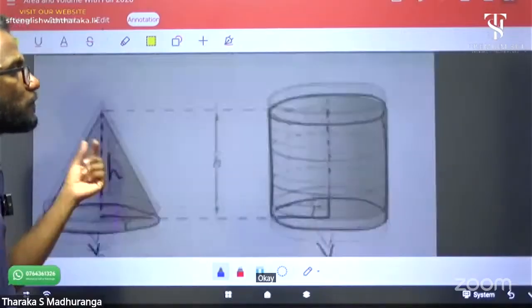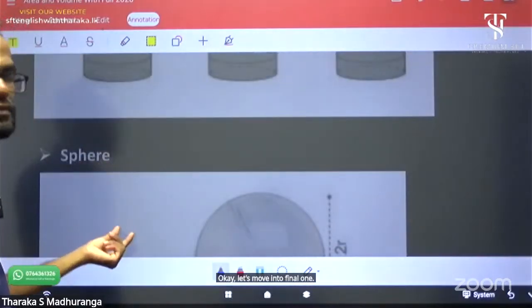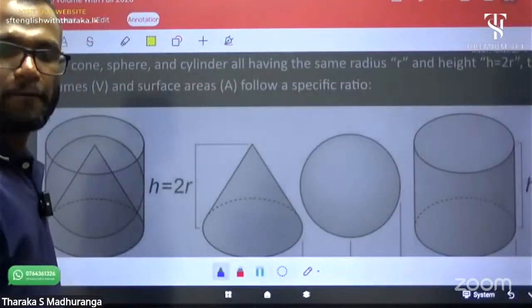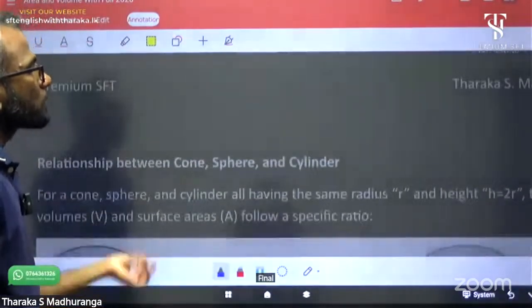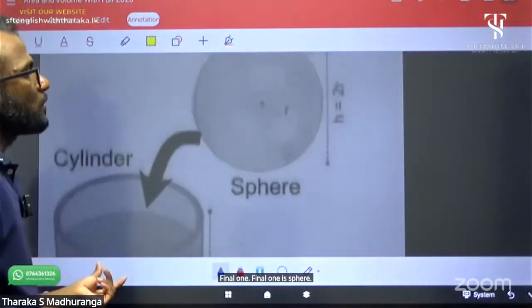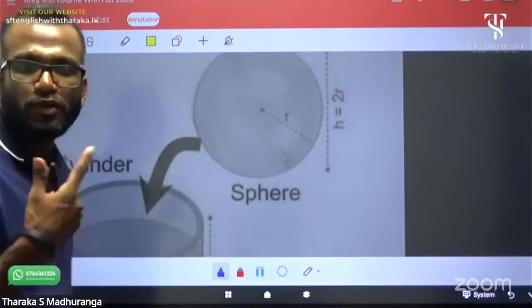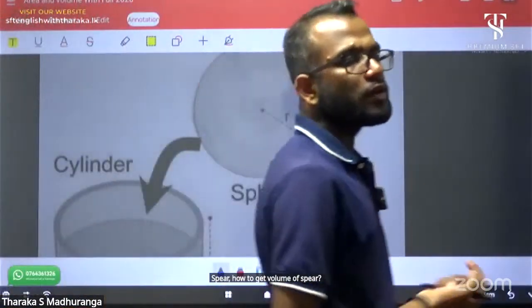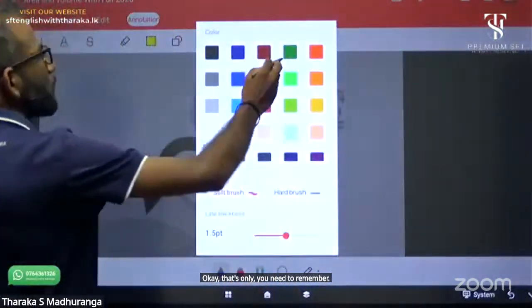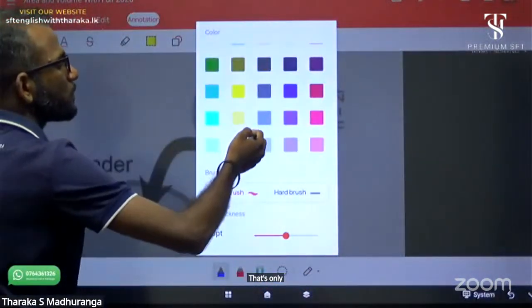Okay, let's move into the final one. The final one is sphere. How to get the volume of sphere? That's the only thing you need to remember. That's the only thing you need to remember.